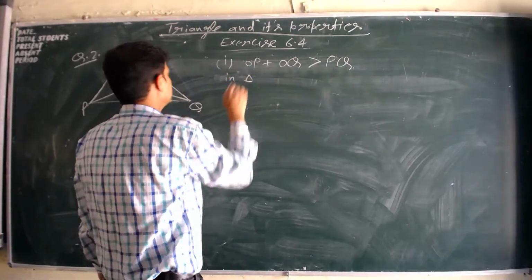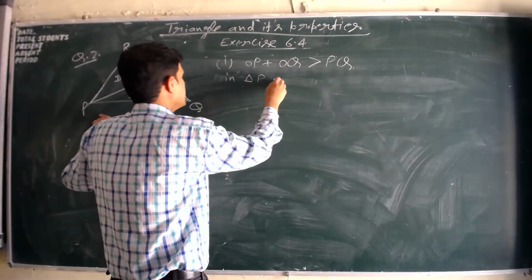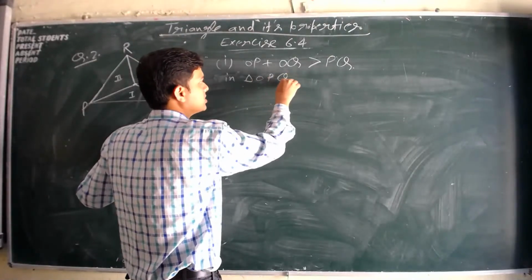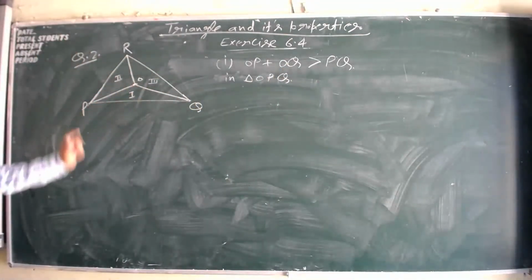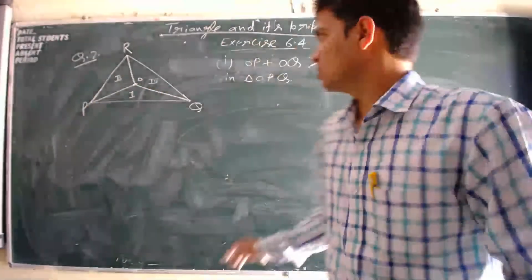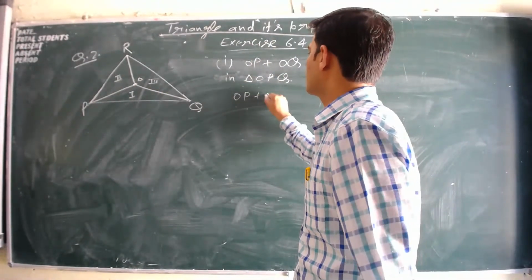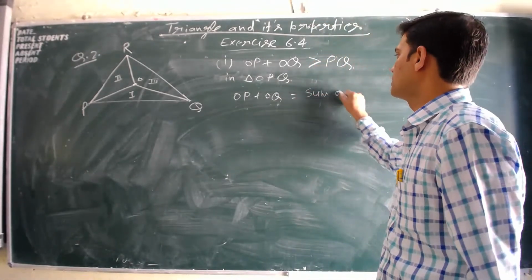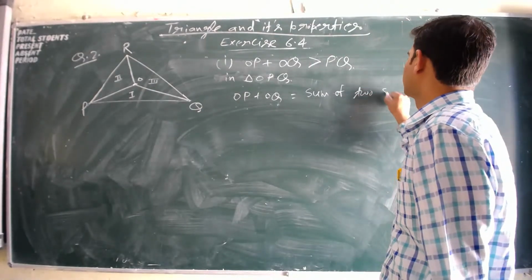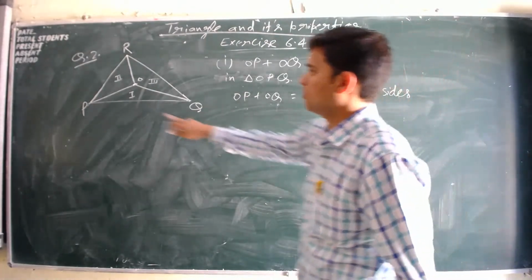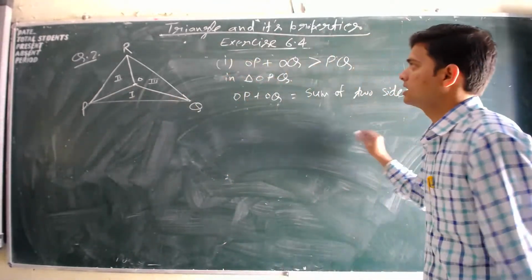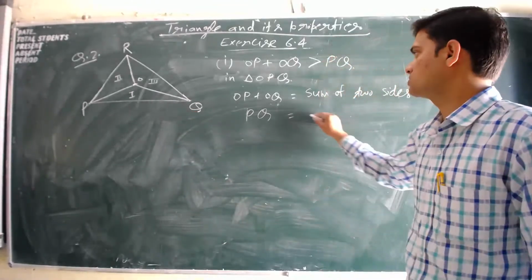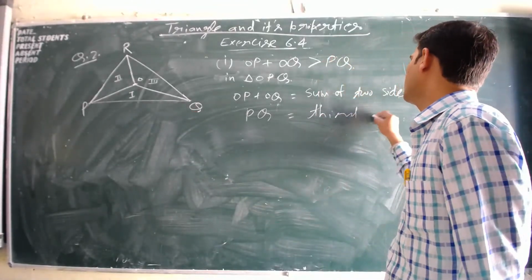In triangle OPQ. OP plus OQ is equal to sum of two sides. देख लो आप, OP and OQ, sum of two sides, and PQ is equal to the third side of this triangle.